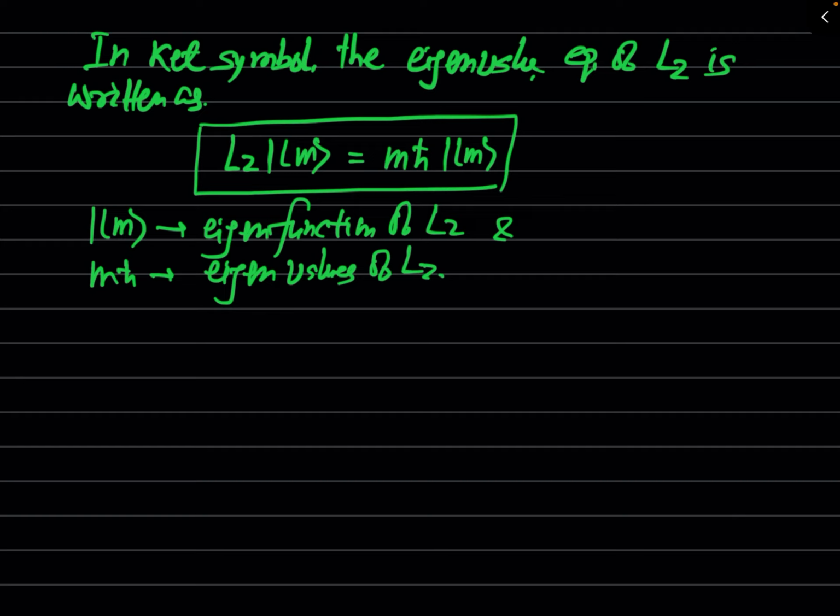Actually here this L is a quantum number, and this quantum number determines the value of m. L has values 0, 1, 2, 3 and so on. These are non-negative integers.